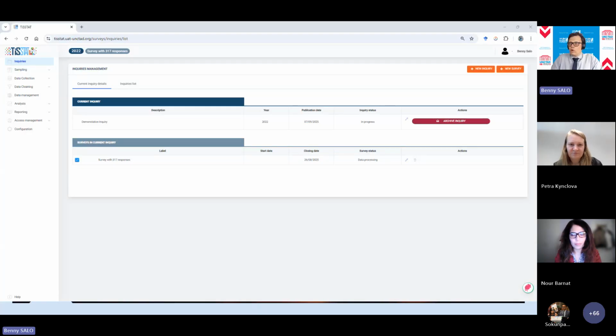Everything you see right now on the screen is my profile on the UNCTAD server, where I have broad administrative roles. So I can see everything and I have access to everything. One of the many things that I can do is manage access.